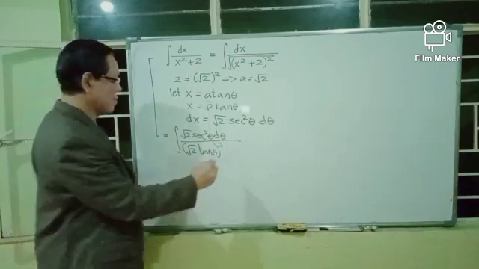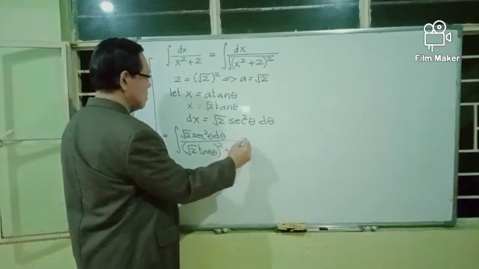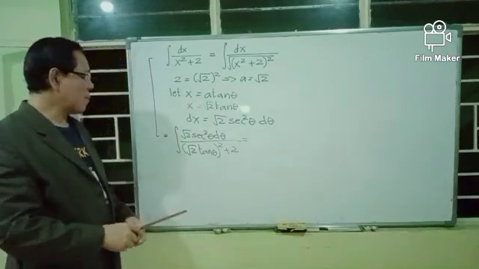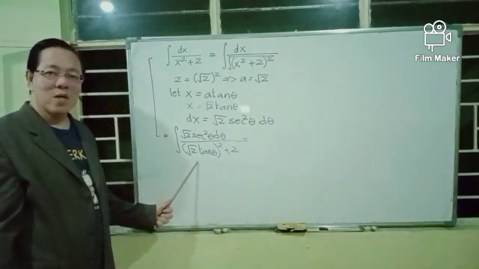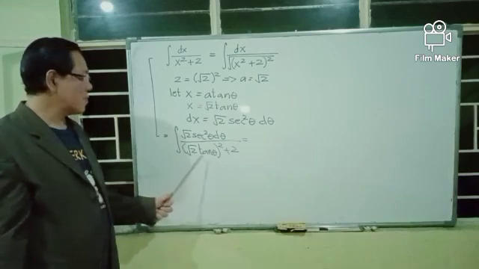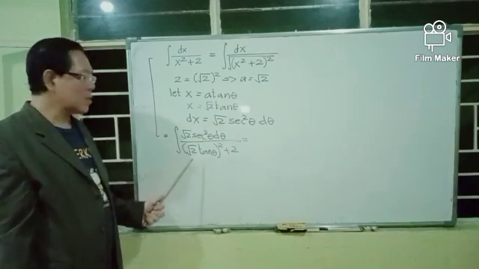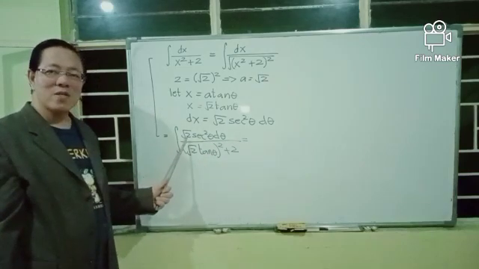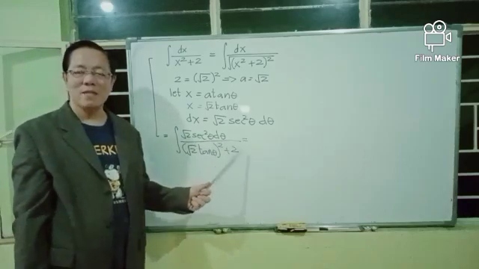Plus 2. And we simplify by taking the square of the square root of 2 times tangent theta. And this expression is equal to integral of square root of 2 secant squared theta d theta.